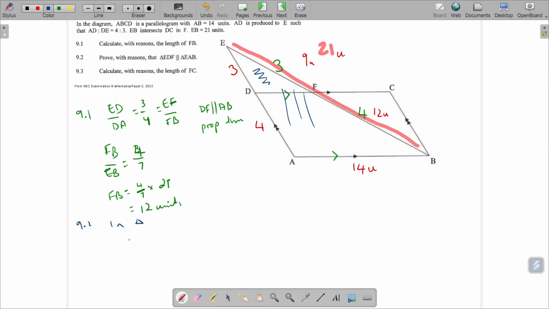In triangle EDF and triangle EAB: one, E is common; two, angle EDF will equal angle A, corresponding angles on parallel lines.